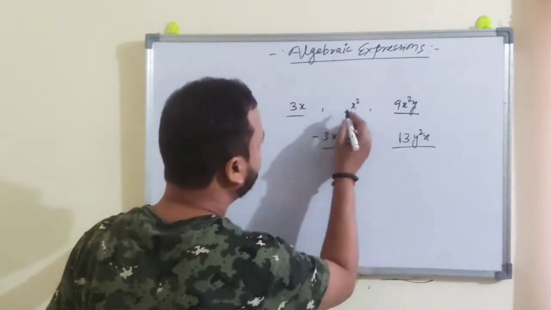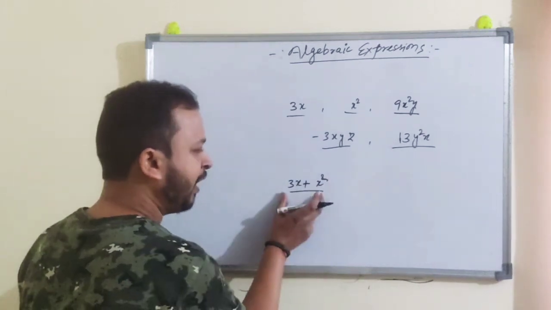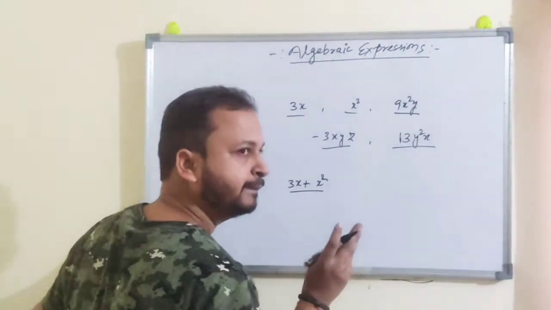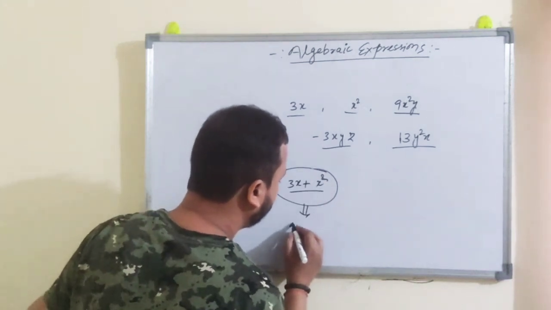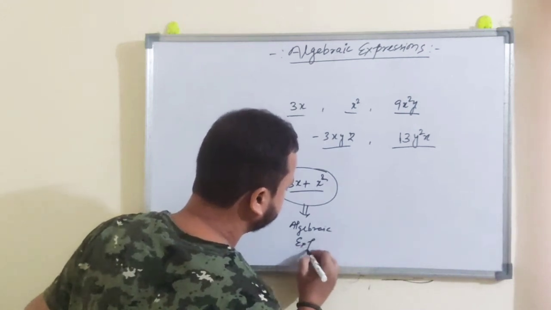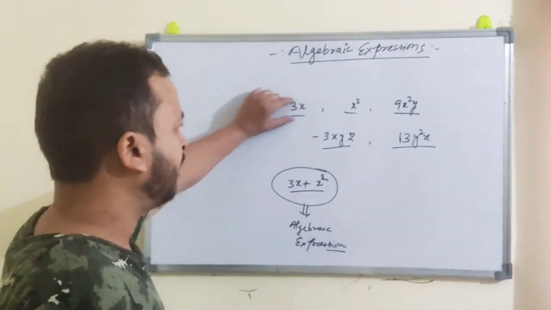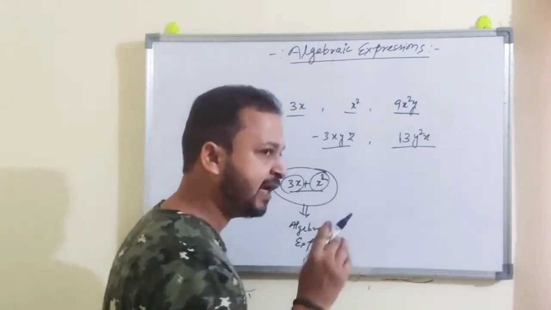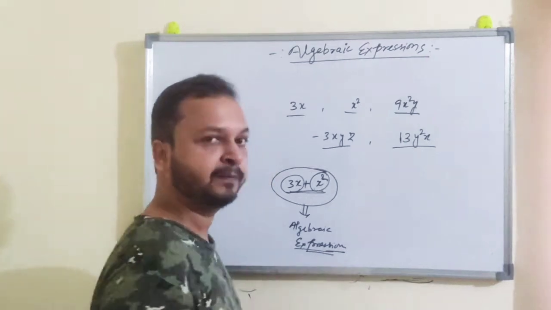And when two terms, suppose this 3x and x square, are joined together with the rest of the mathematical operations, that is either addition or subtraction, right? They are known as algebraic expression. This is a term, and when they are joined with either addition or subtraction, they are known as algebraic expression.